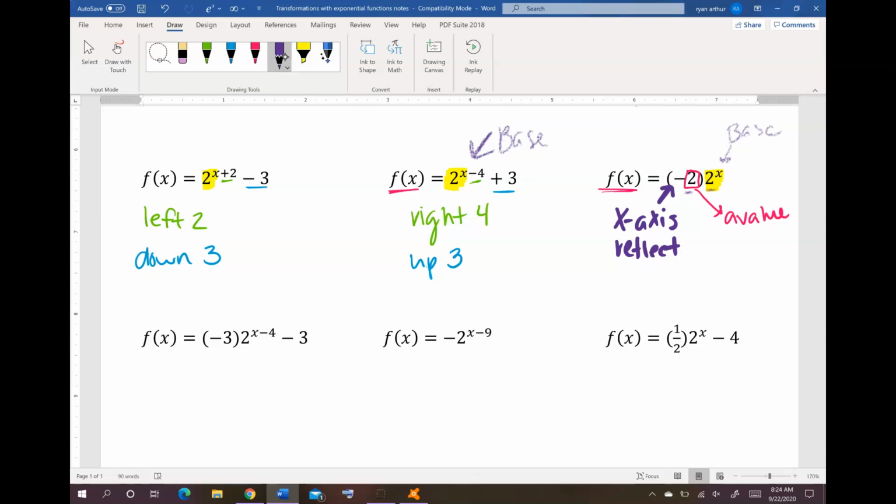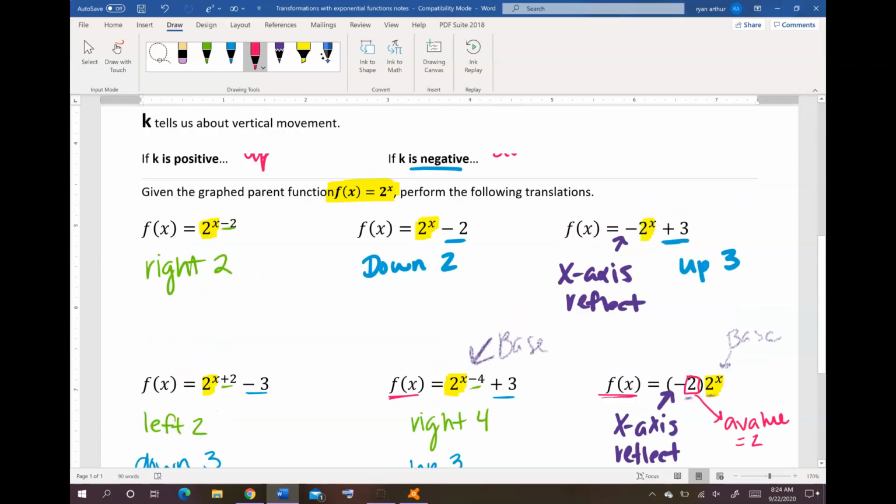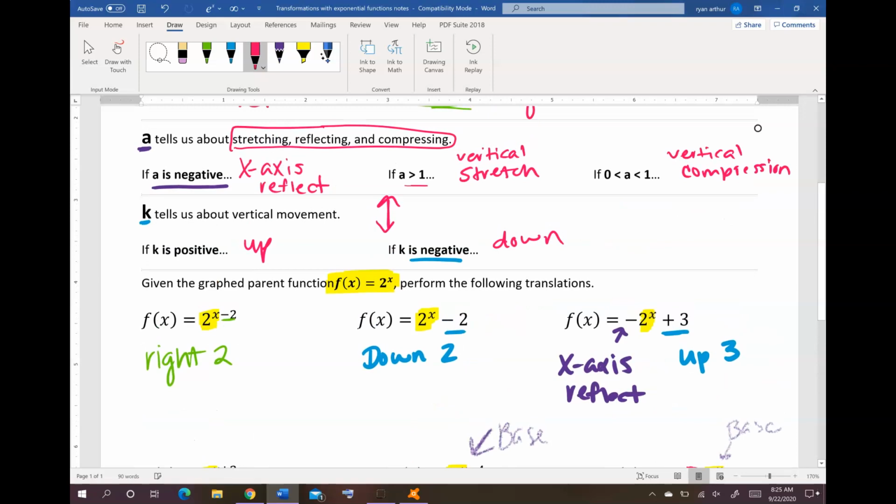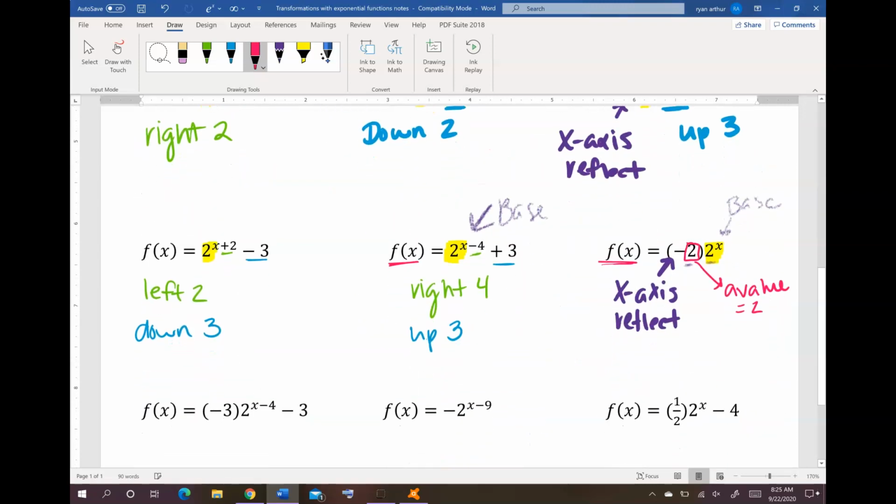That's the biggest mistake you'll probably make on this one. So pay attention to it being separate. So this a value is 2. So when my a value is greater than 1, it's a vertical stretch. So we're just going to say a VS by 2.